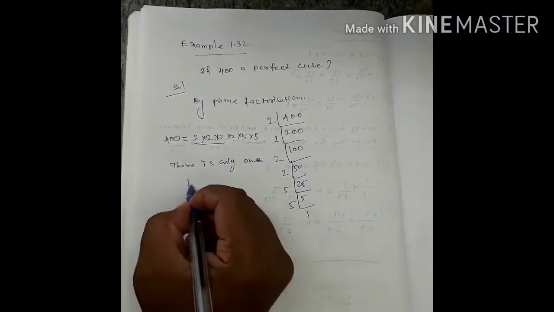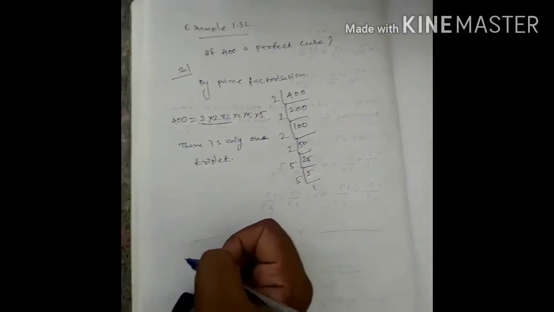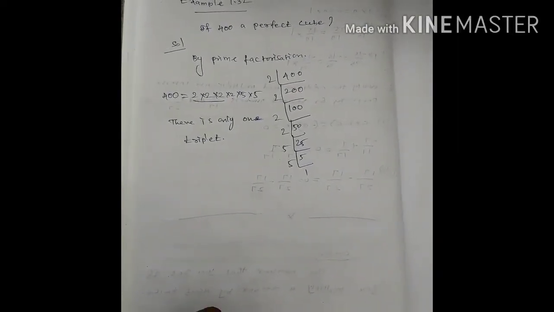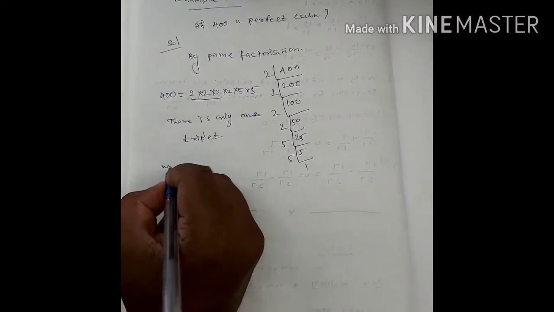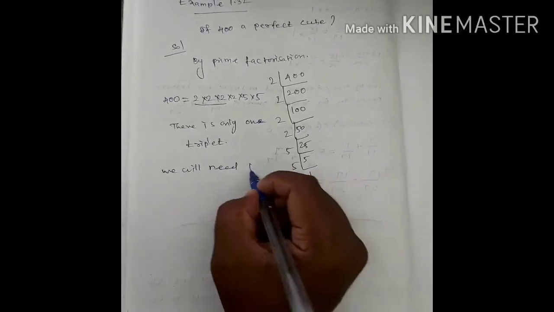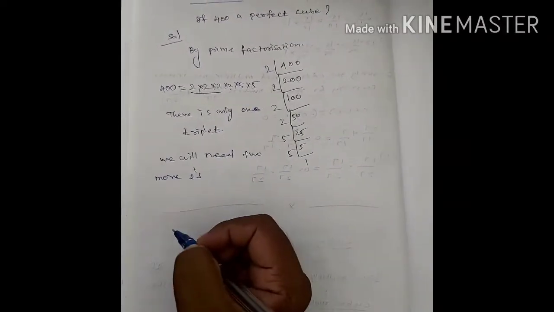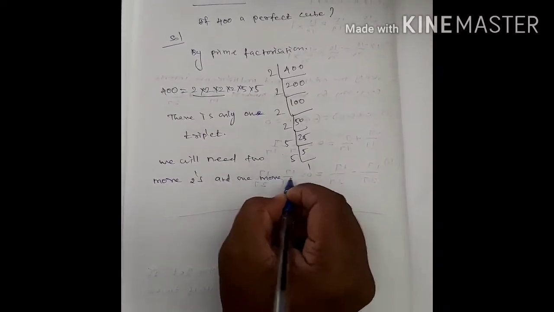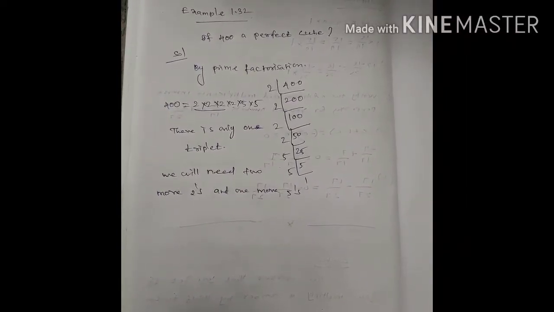We will need 2 more 2's and 1 more 5. So 400 is not a perfect cube.